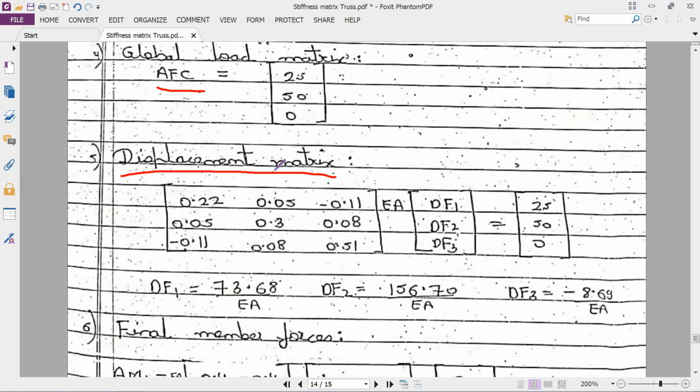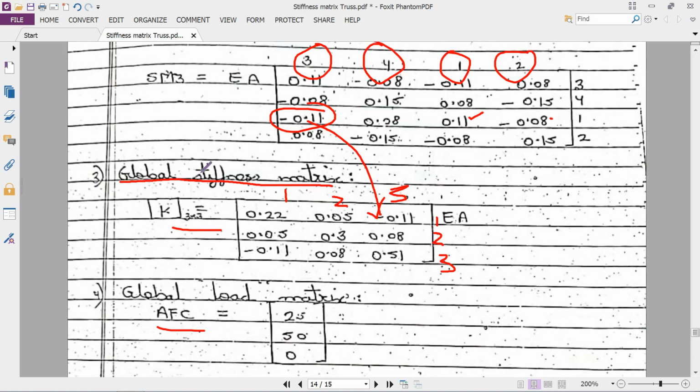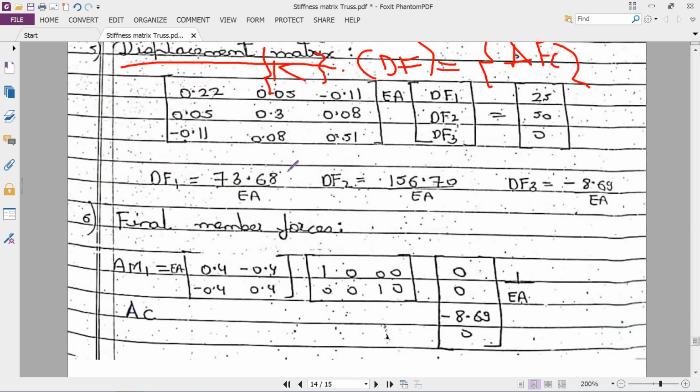So what is the formula? K matrix into the unknown DF matrix will be equal to the AFC matrix, whatever we have calculated in the last step. We have to see that and put it here. So the K matrix, what we have calculated in step number 3, just write it here.